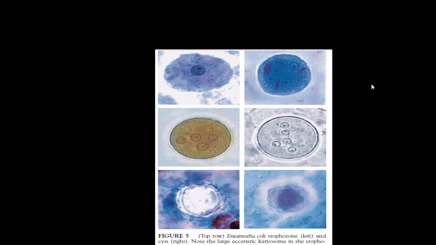For example, this slide shows a collection of the non-pathogenic amoebas, and you can see that having more than 4 nuclei, by definition, it is not Entamoeba histolytica, and the chromatin material is usually irregular, compared to Entamoeba histolytica, where the chromatin material is regular in general.